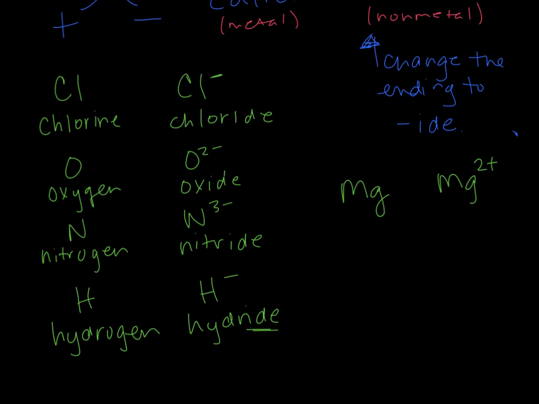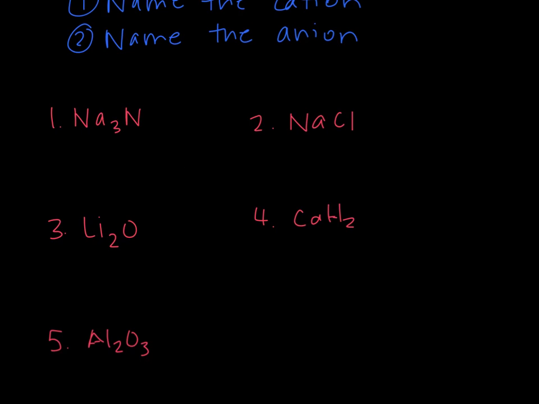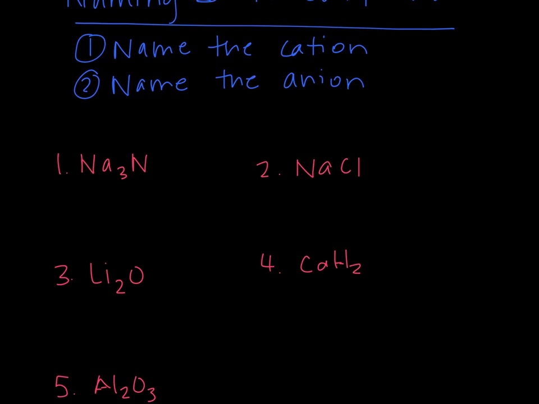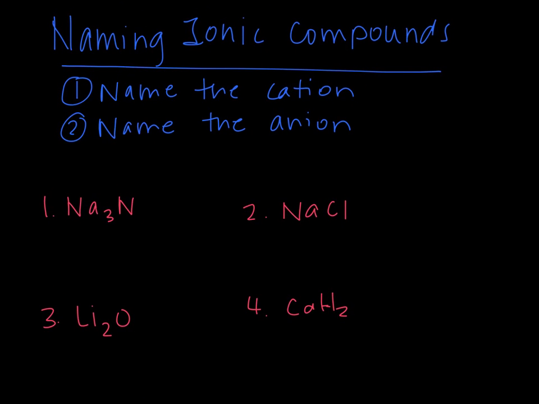All right, so let's look at some of this. Okay, so we're going to name ionic compounds, and the first thing you do is you name the cation, and then you name the anion. So the cation here is Na, so that's sodium. And then this, since it's the anion, it's the second part.